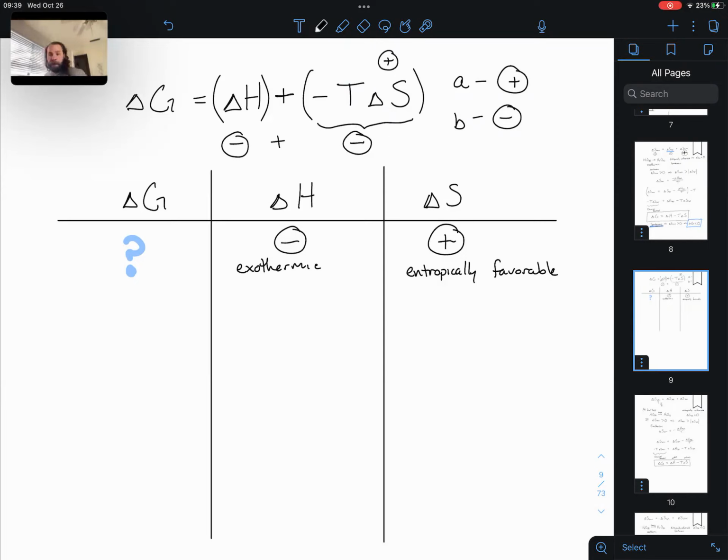And a negative plus a negative is negative, right? So in this case, under these conditions, delta G will be negative, or we say spontaneous, right? Because that was our condition for spontaneity. And this will be true at all temperatures.